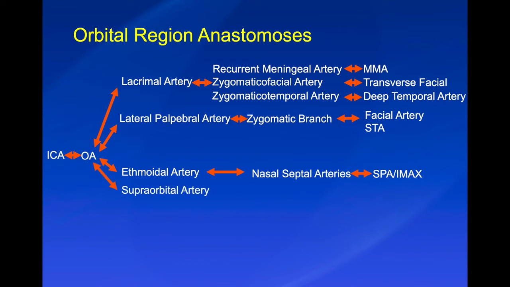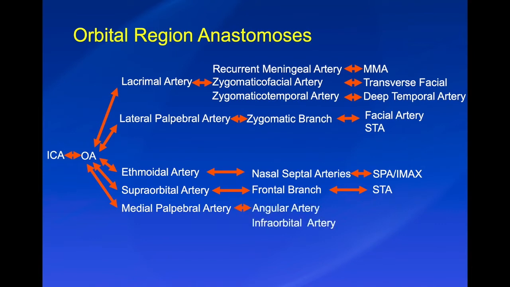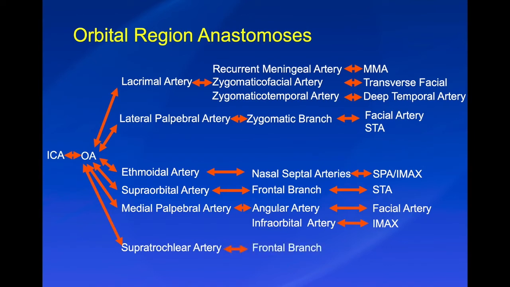The supraorbital artery has a frontal branch, which anastomoses with the superficial temporal artery. The medial palpebral artery has branches including the angular artery and infraorbital artery, which anastomose with the facial artery and internal maxillary artery. The supratrochlear artery has a frontal branch, and this anastomoses with the superficial temporal artery.